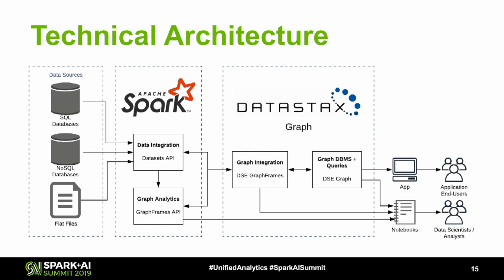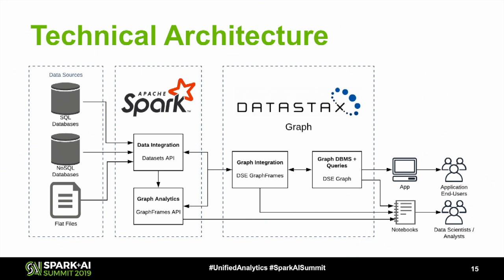So that was the persona perspective. From a tool perspective, Spark is the data integration workhorse, as we all know, but also Spark GraphFrames is a great library that helps with a lot of out-of-the-box graph algorithms and some motif finding that I'll show in a second. Graph algorithms out of the box like PageRank.